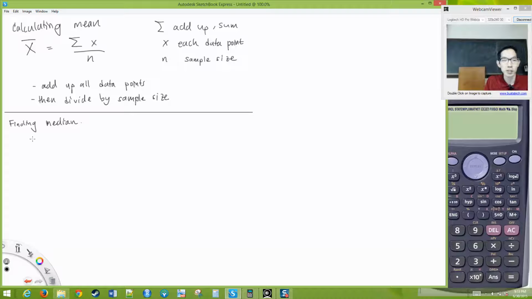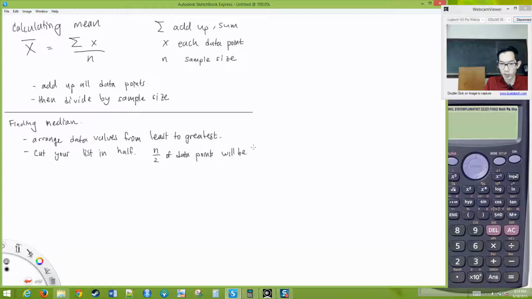So arrange the data values from least to greatest, or smallest to largest, and cut your list in half. Basically n over 2 of the data points will be less, n over 2 will be greater.